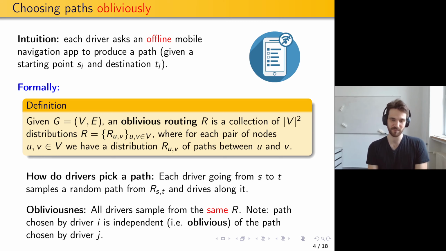The navigation app has only one distribution that it knows, and you want it always to sample from that same distribution. So if driver i queries between S_i and T_i, that has nothing to do with another driver querying between S_j and T_j, or whether the other driver even exists. The S_i-T_i result is independent of the other drivers. Okay, hopefully I drilled this in.